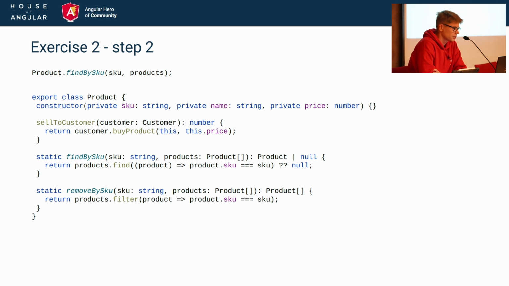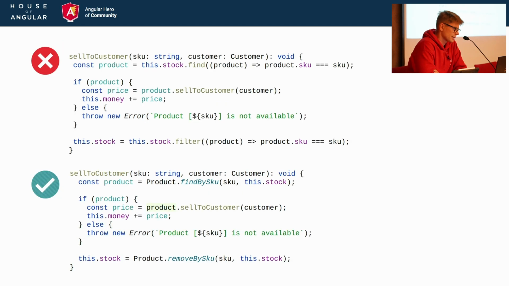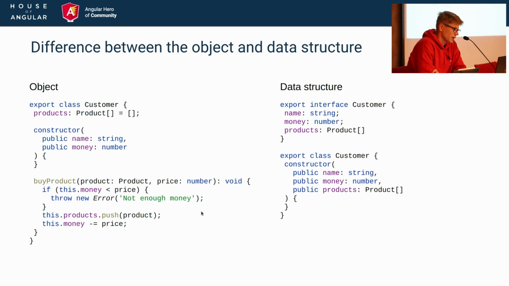It reduces a lot of code duplication and simplifies the development because, as you see in this example, the code is much more readable. So instead of running the find method on the stock, we can just use the static method of the product, and it's really nice. And at the bottom, you see removing by SKU looks pretty similar.